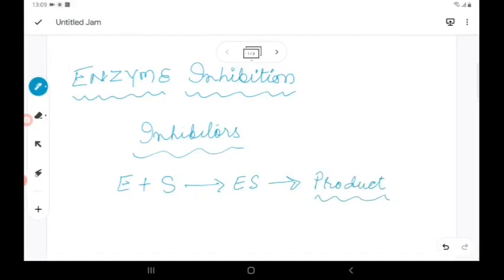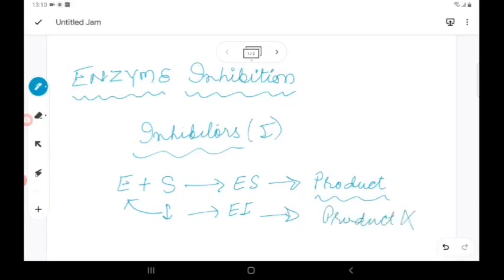So what happens? There may be some compound present which mimics the substrate, which has a structural resemblance to the substrate, known as inhibitors, which can be represented by I. Sometimes these inhibitors can bind with the enzymes and form an enzyme inhibitor complex. Definitely, when the enzyme is not binding to the substrate, the product will not form and the reaction will be inhibited.